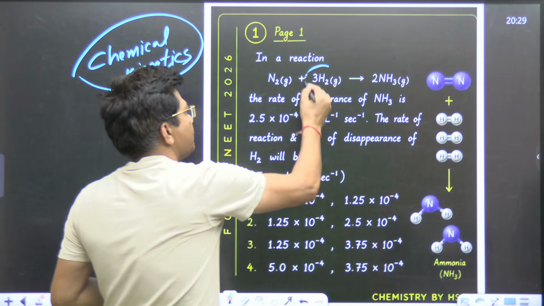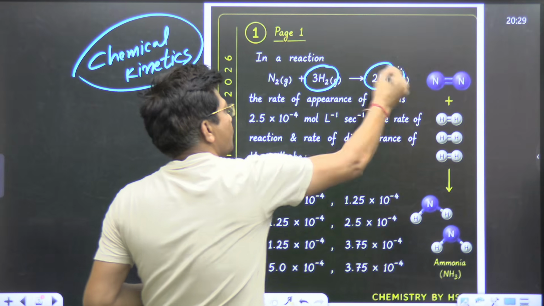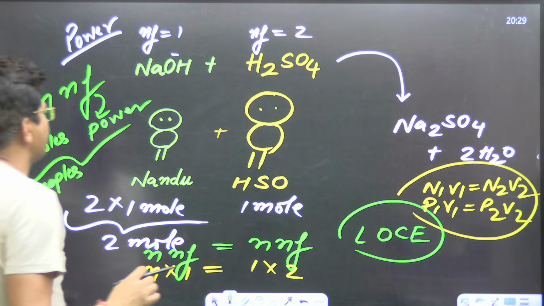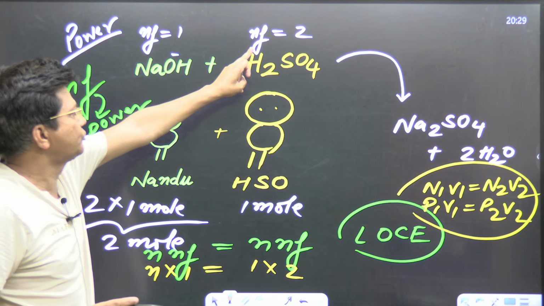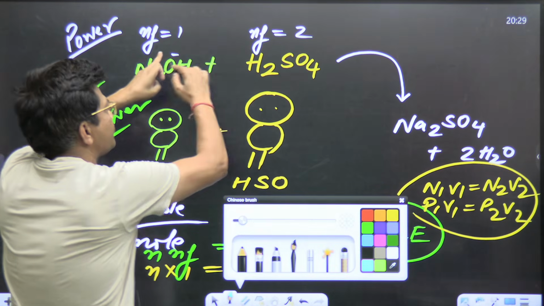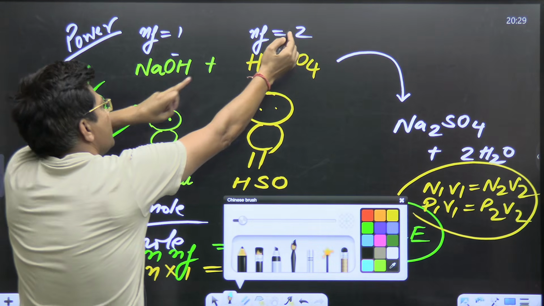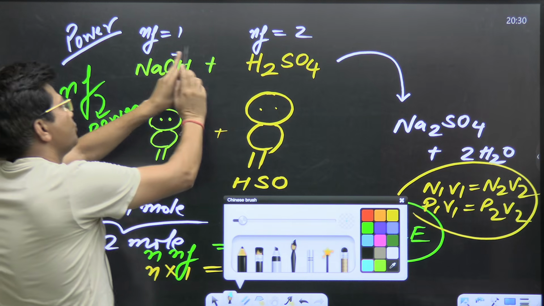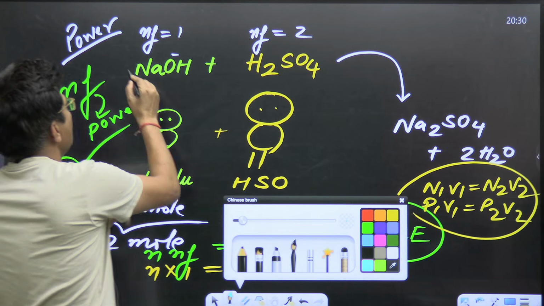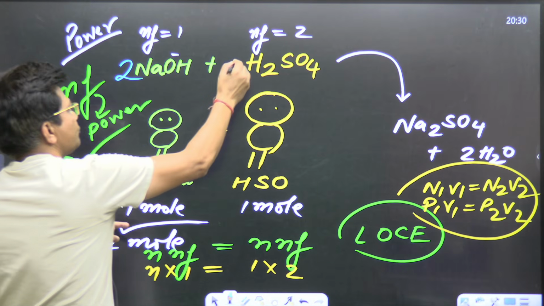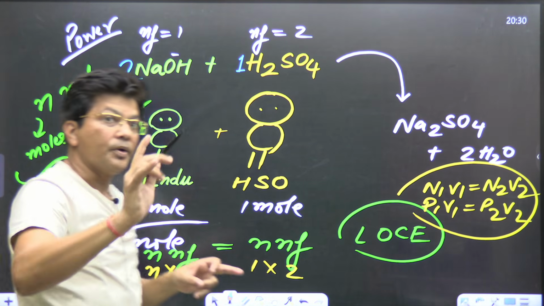That means they are comparing H2 and ammonia. If you see the previous one, if N factor was 1 and 2, when N factor was X raised to Y, crisscross, molar ratio will be Y raised to X. Remember that.